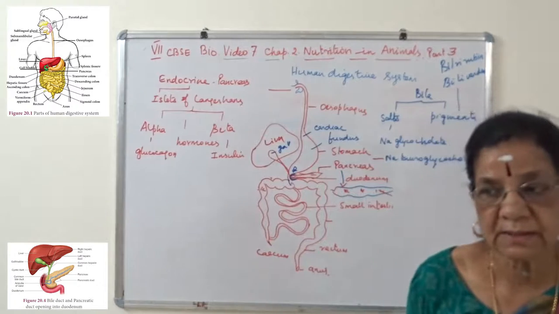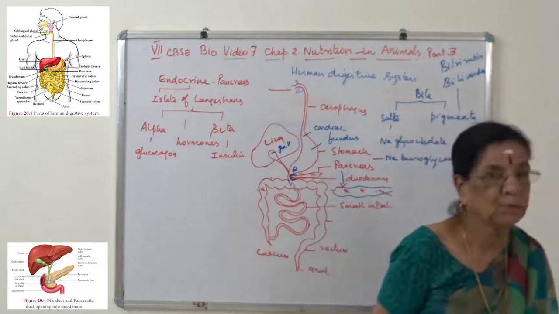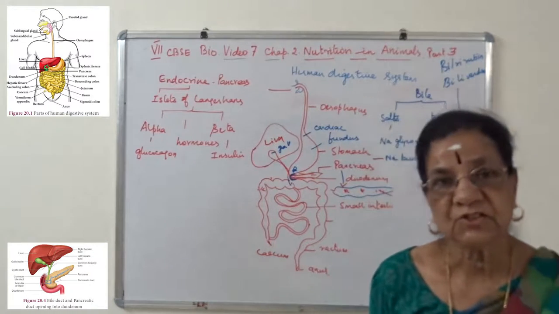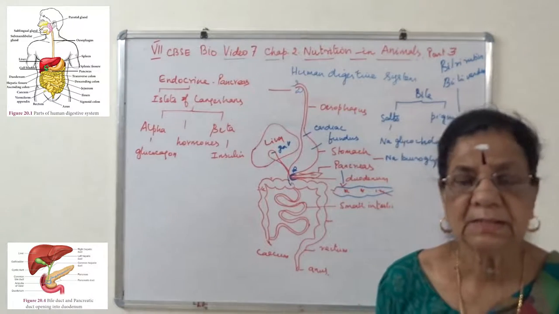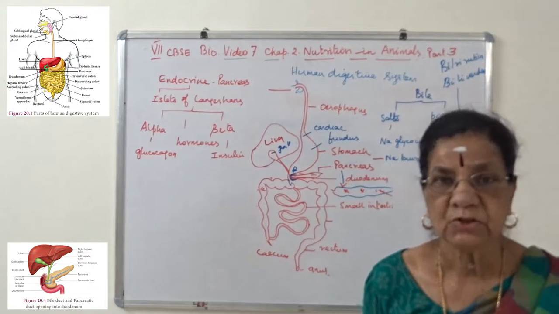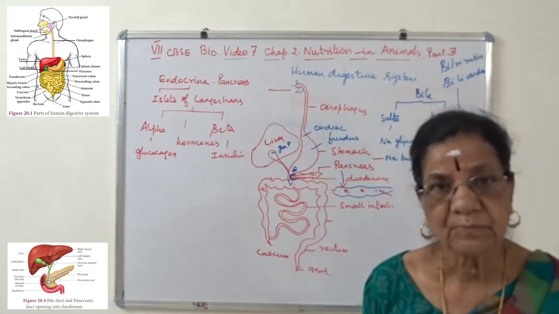Actually, the carbohydrate that we eat is converted by various chemical reactions into glycogen, and that glycogen is stored in the liver, right?